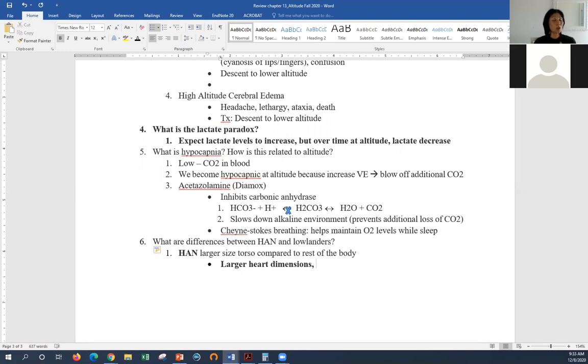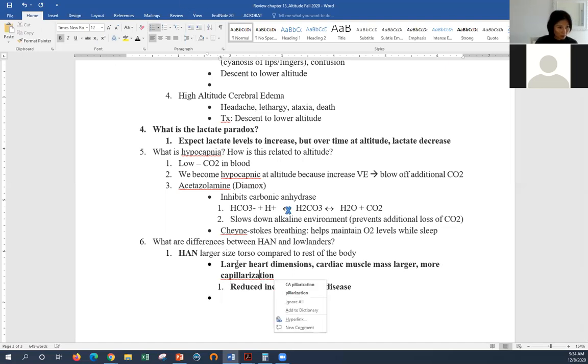Their cardiac muscle mass is larger, and they also have more capillarization in the cardiac region, which means that not only are they going to be more protected from hypoxia, but they have a reduced incidence of cardiovascular disease. Capillarization, that's spelled correct. Okay.